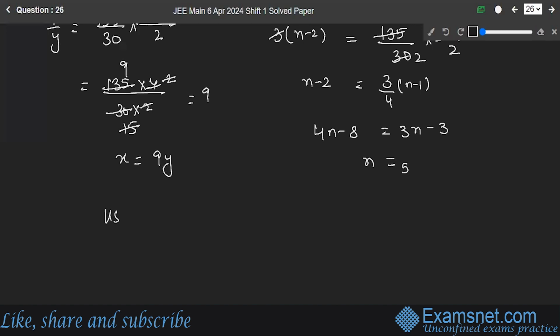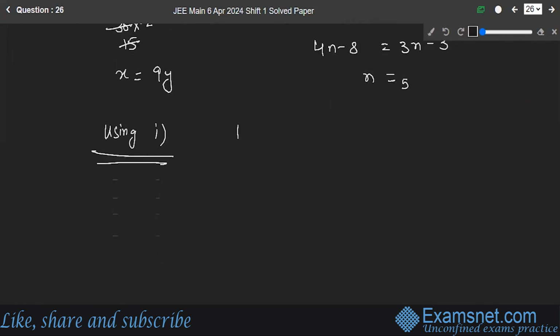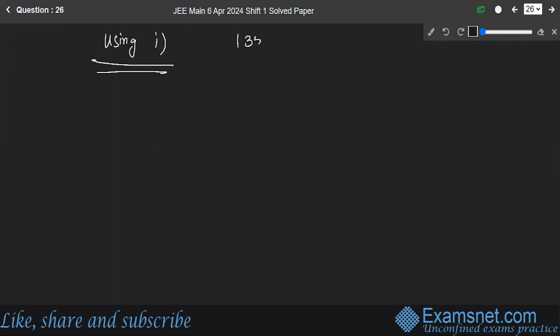Now let's use equation 1. So from 1, what you have is nC1 into this. Okay, so n came out to be 5. T2 is equal to 135, right? So 135 was equal to your T2, or you have 5C1 into x^4 into y^1.